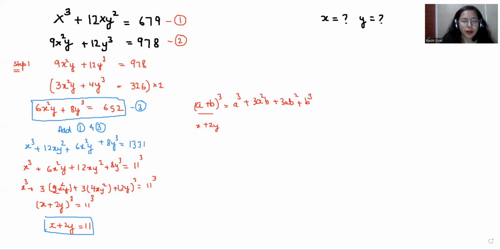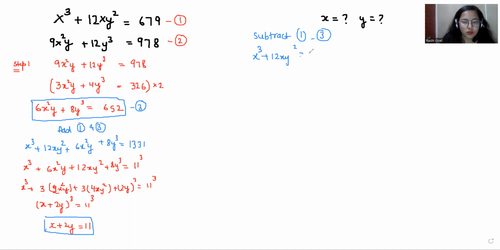Now I'm going to subtract the third equation from the first. So our first equation is x cube plus 12xy square is equal to 679 and our third equation is 6x square y plus 8y cube is equal to 652.